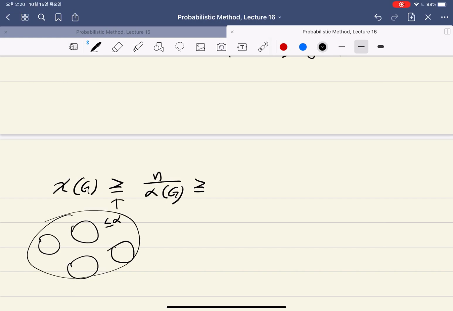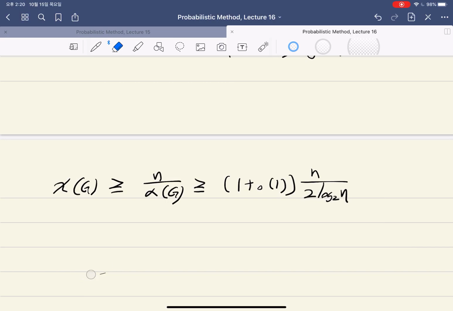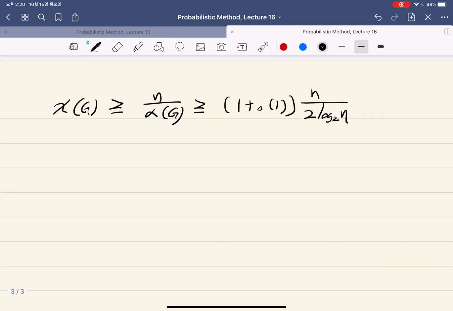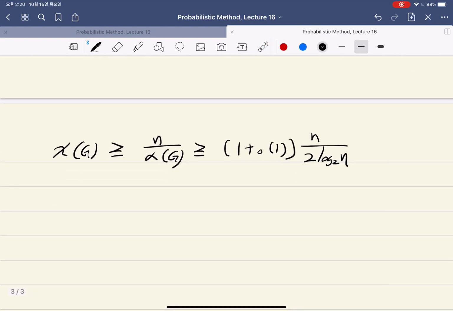So this inequality holds. And the upper bound on the independence number yields this. So this holds with high probability, and once that happens, we have this lower bound. So this lower bound also holds with high probability.